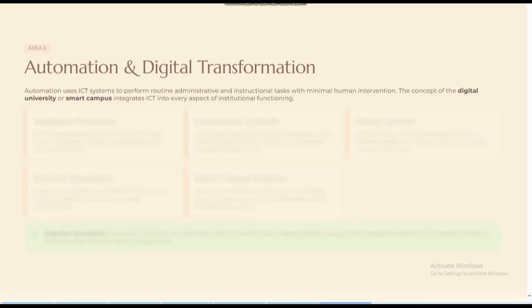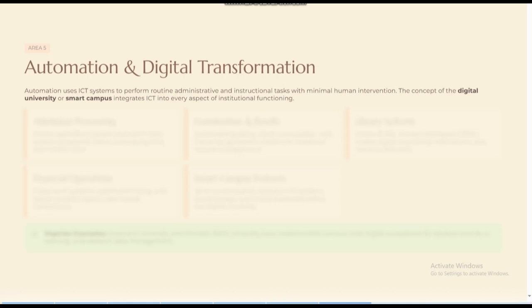For us to have automation, we use ICT systems to perform those routine and administrative tasks that are often done repeatedly, and when we do that, it reduces human intervention to the barest minimum.